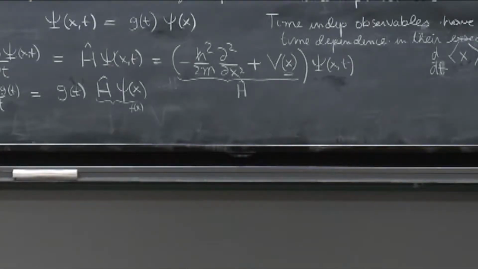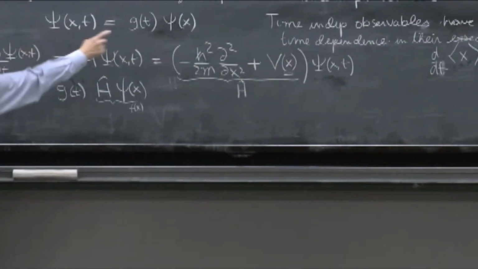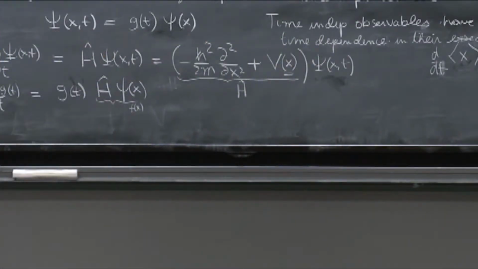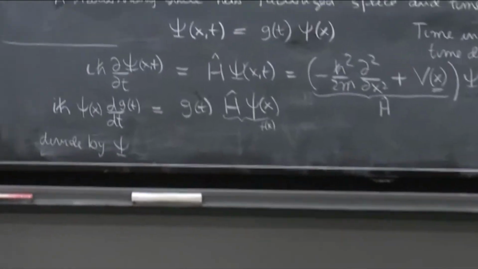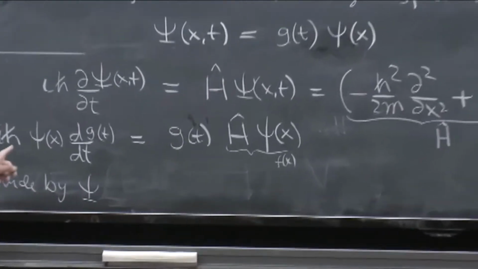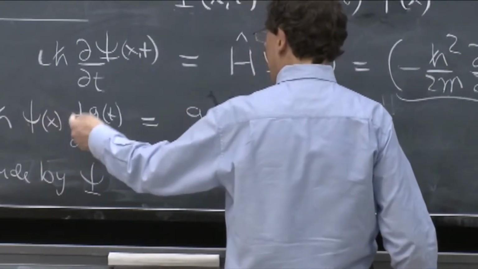All right, next step, divide this whole equation by the total wave function, by psi. If you divide by psi, you cancel the little psi here and you get a 1 over g.